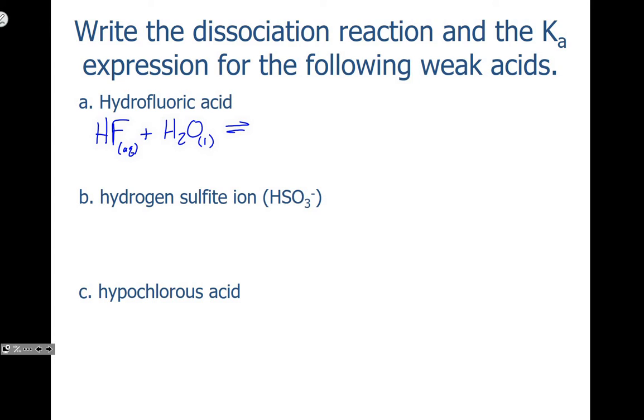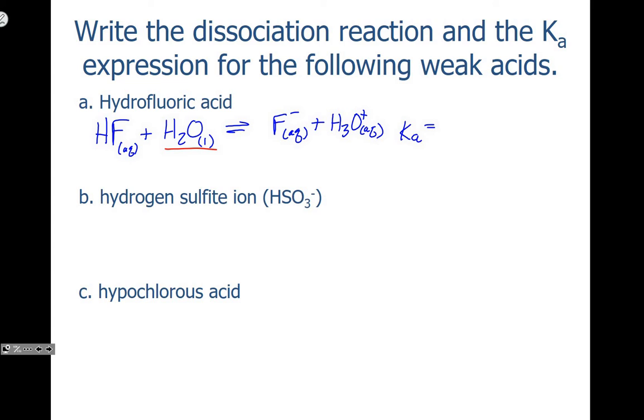And we're going to form what? Bronsted-Lowry. What is the acid going to do? Donate protons. So it's going to become F minus, AQ. And water is going to become what? H3O plus. Good. AQ. Now, to make the Ka for this, I'm going to take products over reactants. I am not going to include the water. Water is not included.